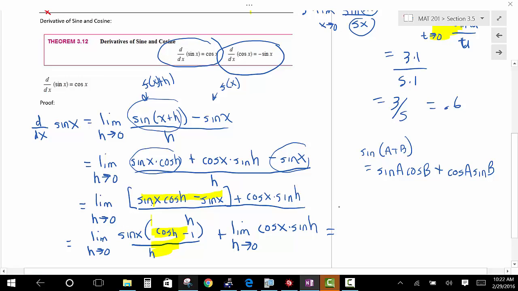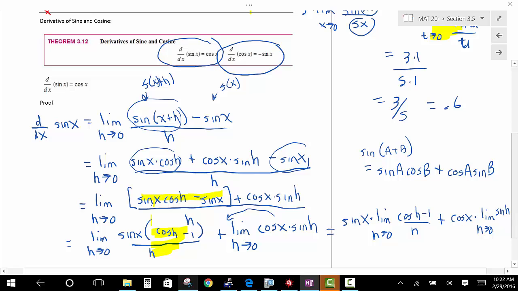So technically you can write this as sine x times the limit as h goes to 0 of cosine h minus 1 over h. And then this part right here, the cosine of x is like a constant because it doesn't match with that h variable. So you can bring that out and multiply that by the limit as h goes to 0 of the sine of h.